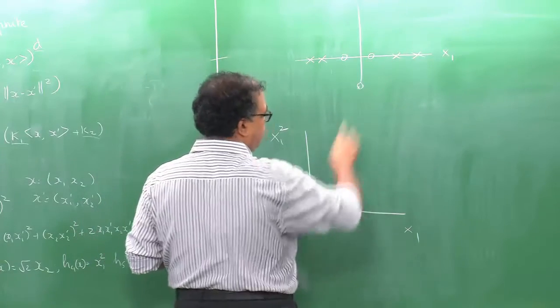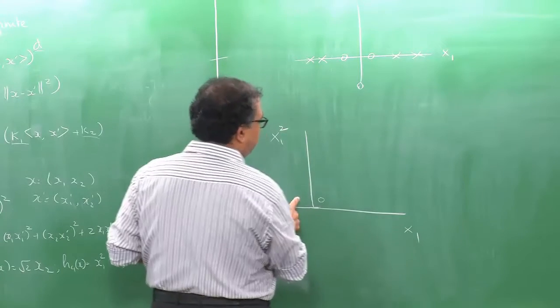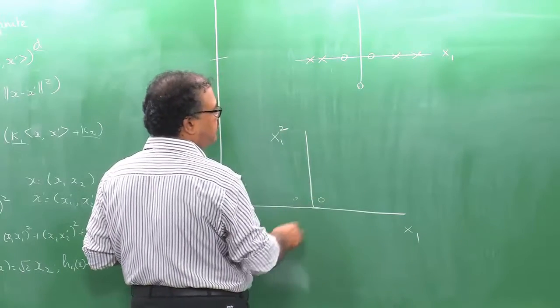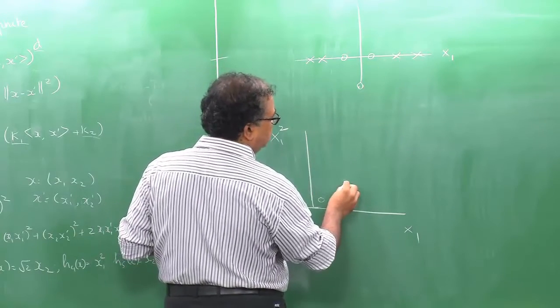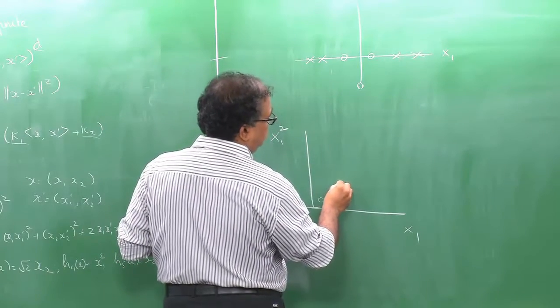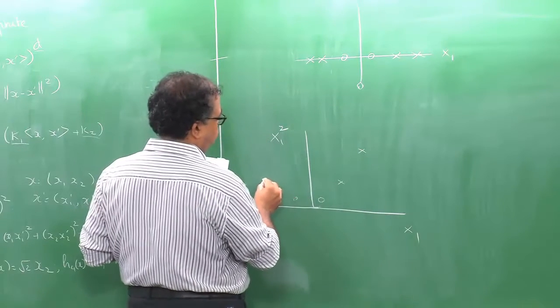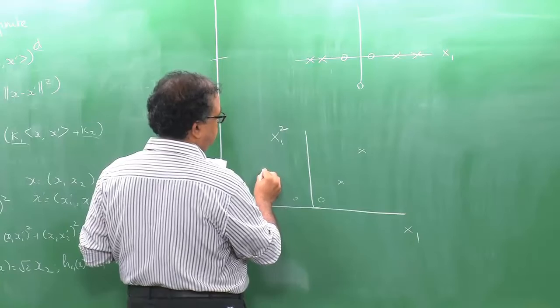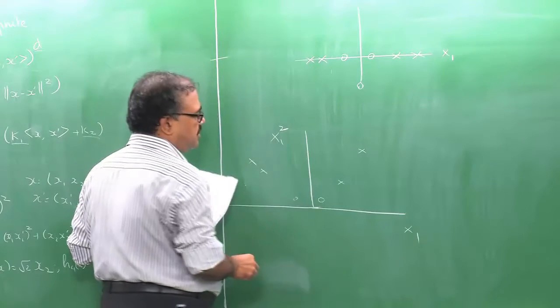That will be the x1 corresponding to this, and then I am looking at the square of that. If you look at these data points, this is going to go here, this will probably go here.